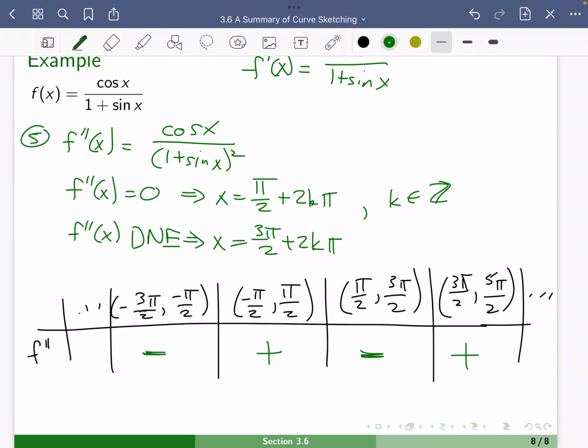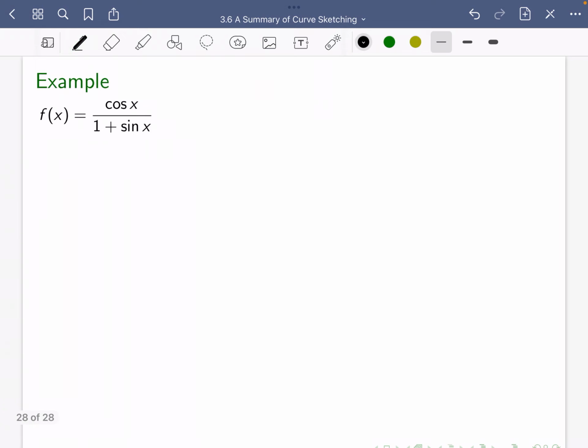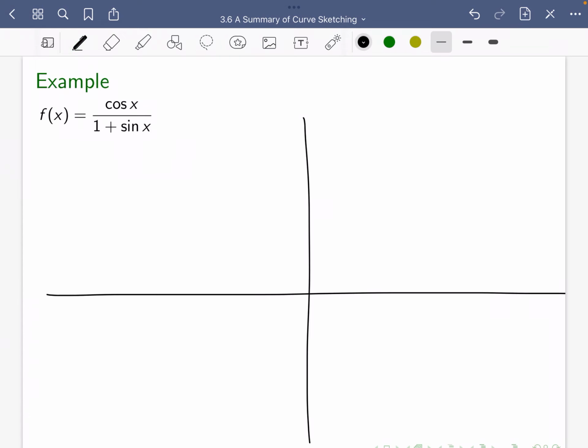So let's draw our graph. Our graph is going to look something like this. We have an intercept here.